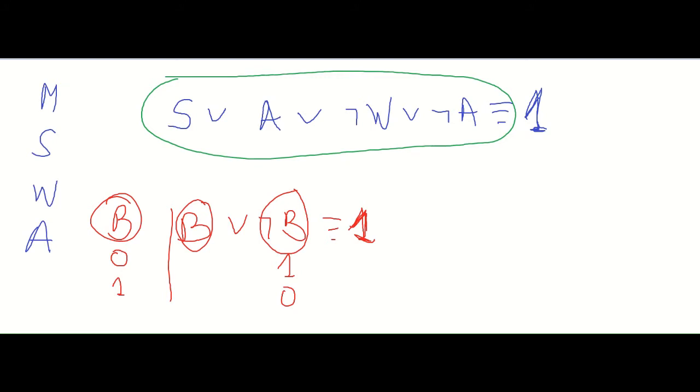As a result, we take disjunction 0, disjunction 1. If one of the operands is 1, we get 1. And again, we take 1 and 0 by disjunction, so the result will be 1. So we got a column of 1s. That's why we say that such formulas, having a statement and an opposite statement connected with disjunction, are always true.